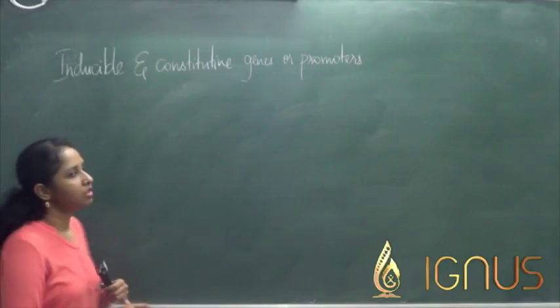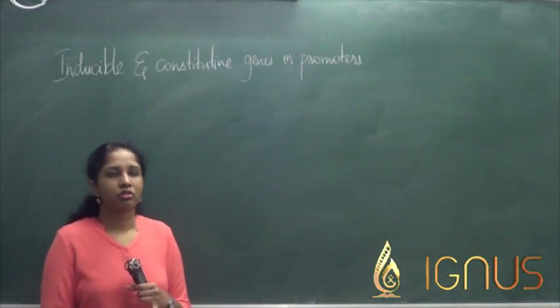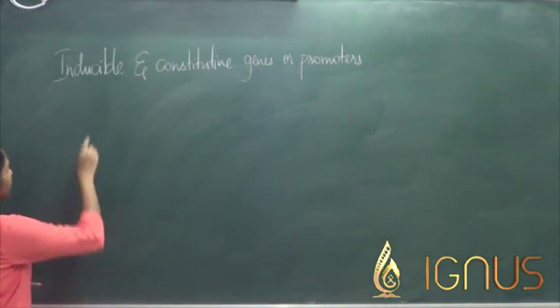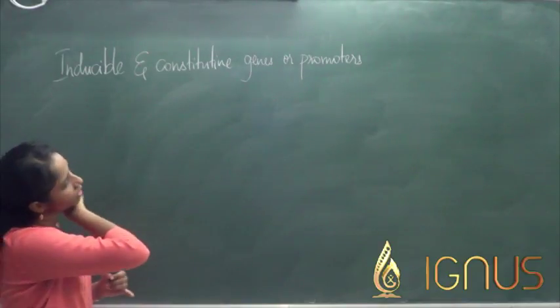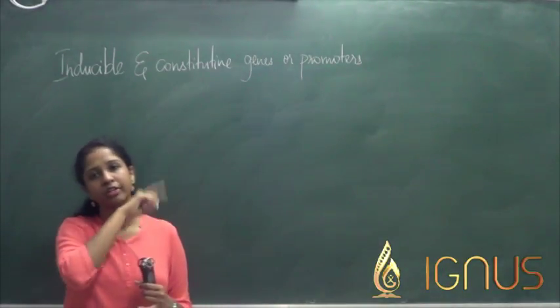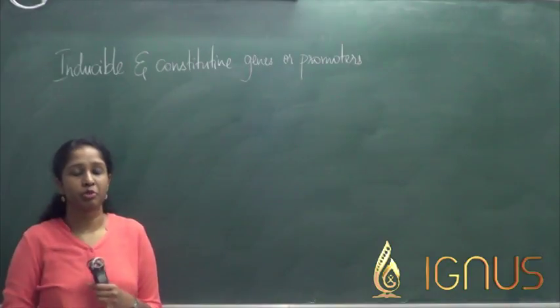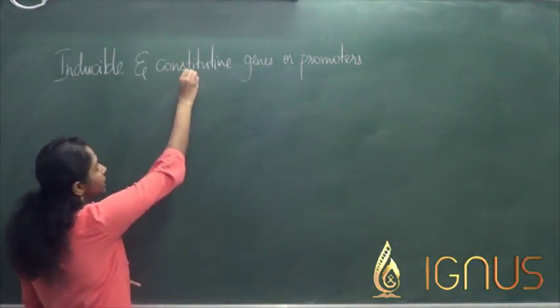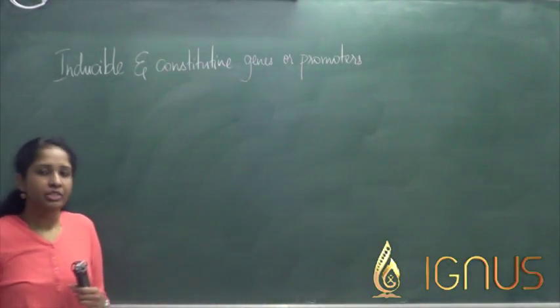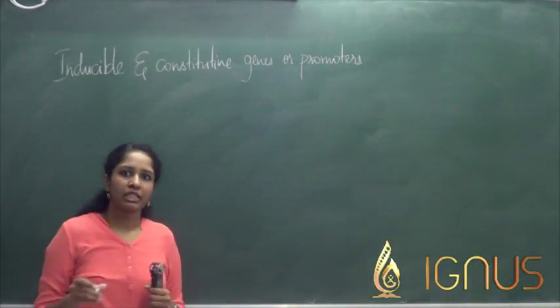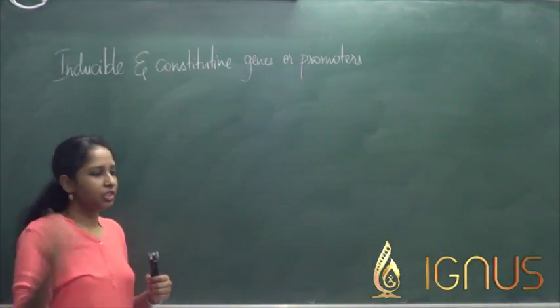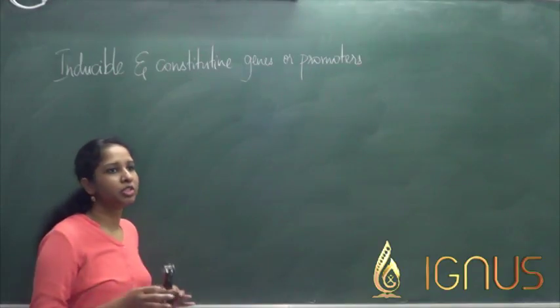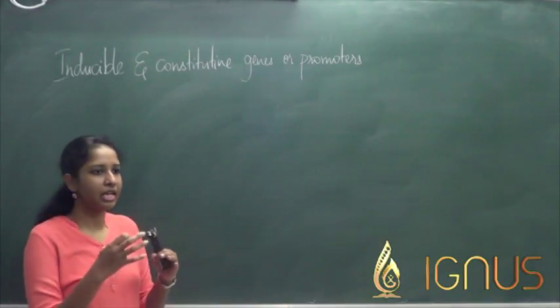Okay. The next thing that we will be talking about, an important thing that you need to remember, is inducible and constitutive genes, or inducible and constitutive promoters. Now constitutive promoter is something that I've already talked about. So these are promoters that are going to be controlling things like the repressor, which are continuously active. So this promoter does not require any inducer.